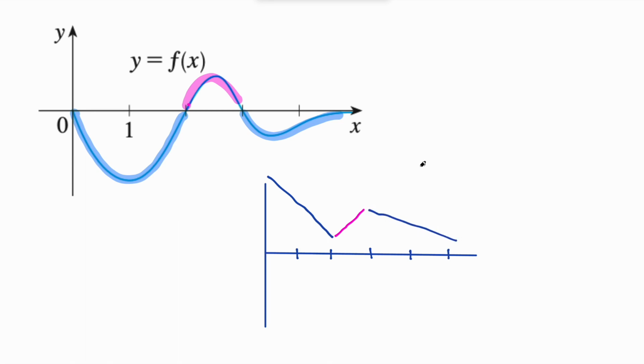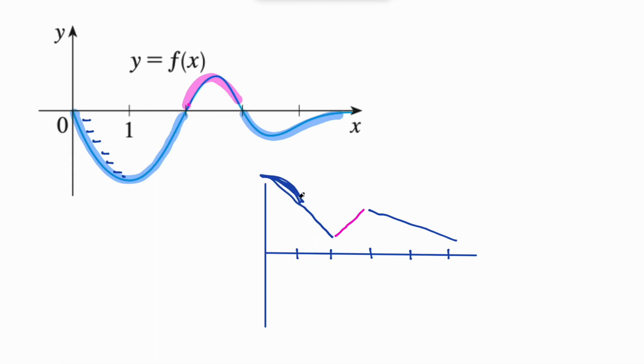Now, if this is the derivative, we're now looking at concavity. So since this is a derivative, anywhere it is decreasing, the original is going to be concave down. So therefore, instead of it being a straight line, it is actually concave down to 1.